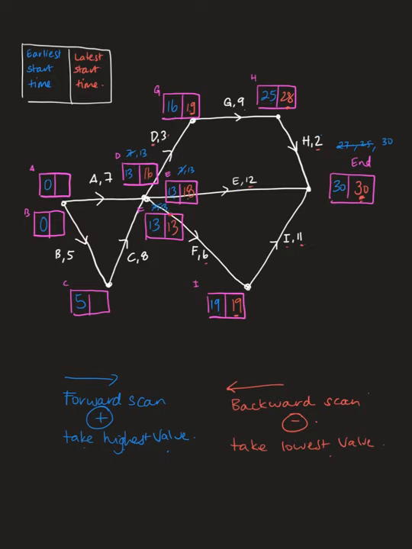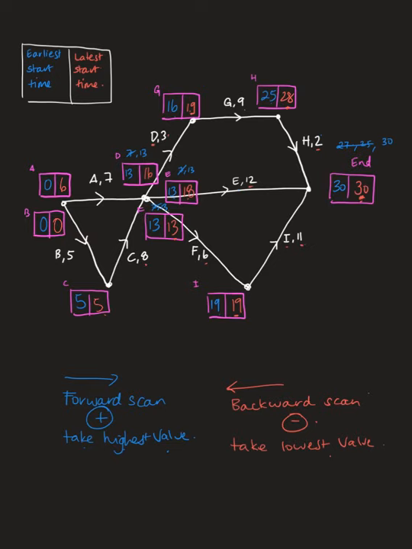So the lowest value is the 13. So take the 13 and carry on. So getting back my pen. So 13 minus 8 for box C is 5. 13 minus 7 for box A is 6. And 5 minus 5 for box B is 0.